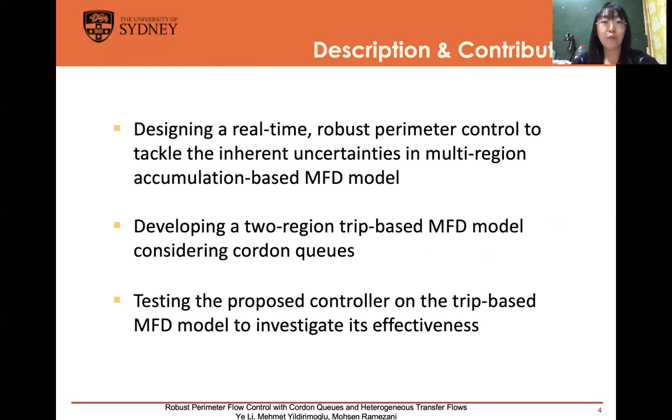For example, when we estimate the accumulation fractions from one region to another, the number of transferring vehicles is approximated by the ratio of the instantaneous number of vehicles based on their destinations. This is the assumption used in an accumulation-based MFD model to estimate the transfer flows between regions. But we will release this assumption by including uncertain parameters.